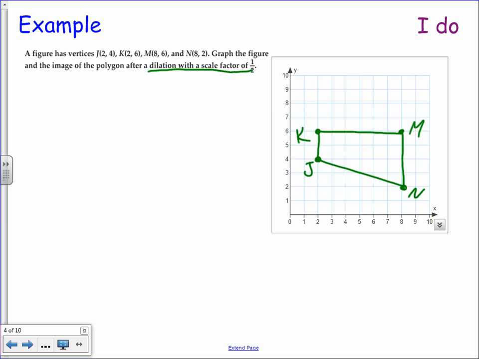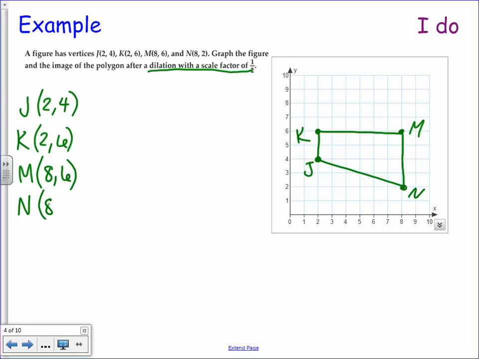All right. So now I'm going to make a dilation with a factor of 1/2. I've got the point J (2,4), the point K (2,6), the point M at (8,6), and the point N at (8,2). Now I am going to change each of these using a scale factor of 1/2. Well, what does that mean?